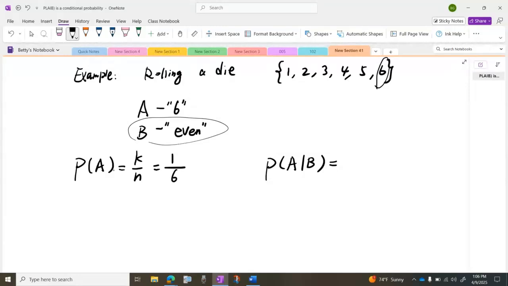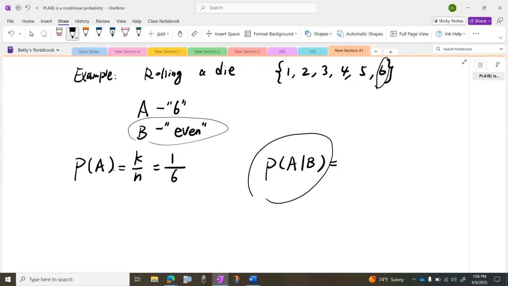B is we roll a die and we get an even number. So we already know the number we get is an even number. Under that condition, what's the chance to get a number 6? So that's what this conditional probability is describing, right? The probability of A given B already occurred is the probability we get a number 6.